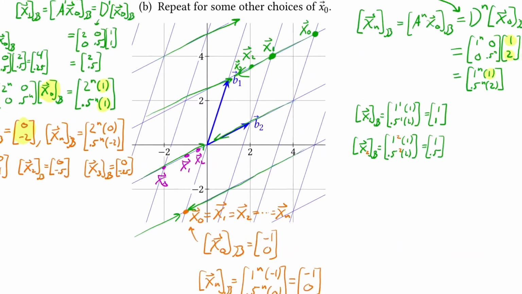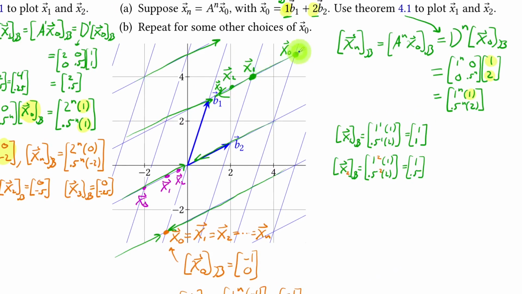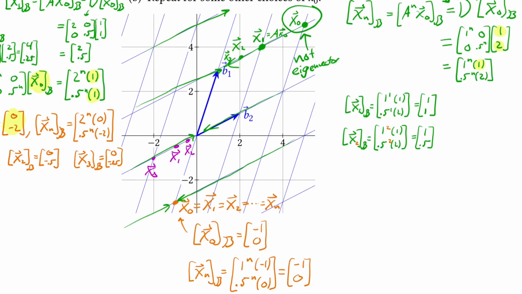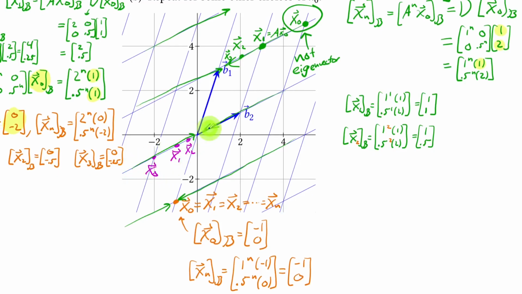And let's see here, this x0 in green over here, when you multiply that by A, this x1 is not a scalar multiple of x0. It's not on the same line through the origin as x0. So this is not an eigenvector of this matrix A, but the purple x0 over here was, because x1, which is A times x0, is half of x0.